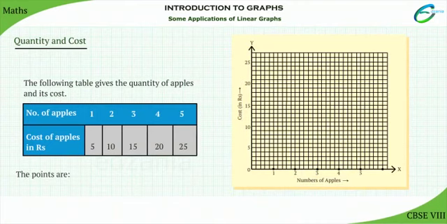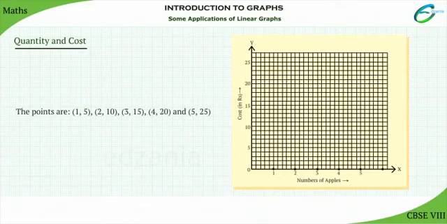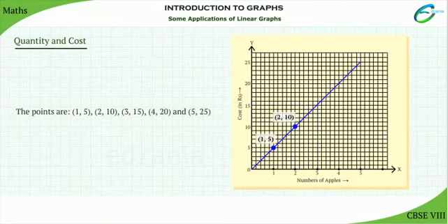Then the points are (1, 5), (2, 10), (3, 15), (4, 20), and (5, 25). Now let us plot the points and join them. Observe that the graph is a linear graph.